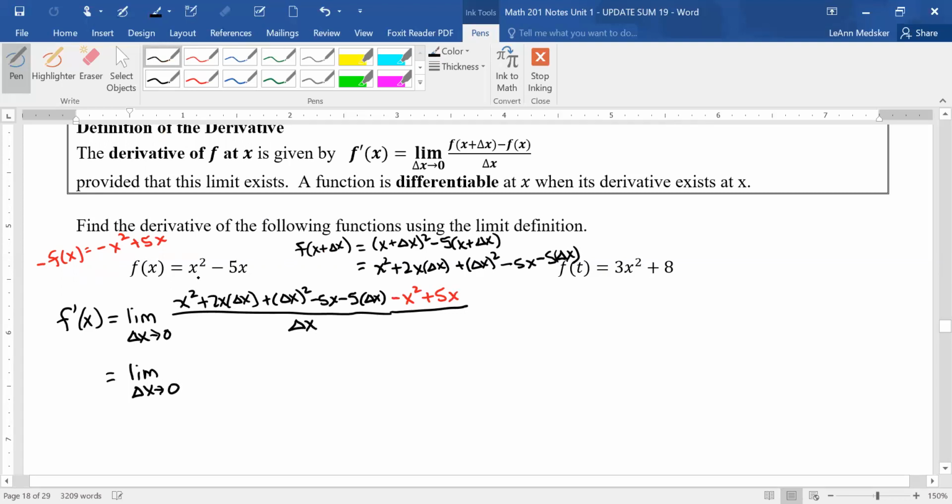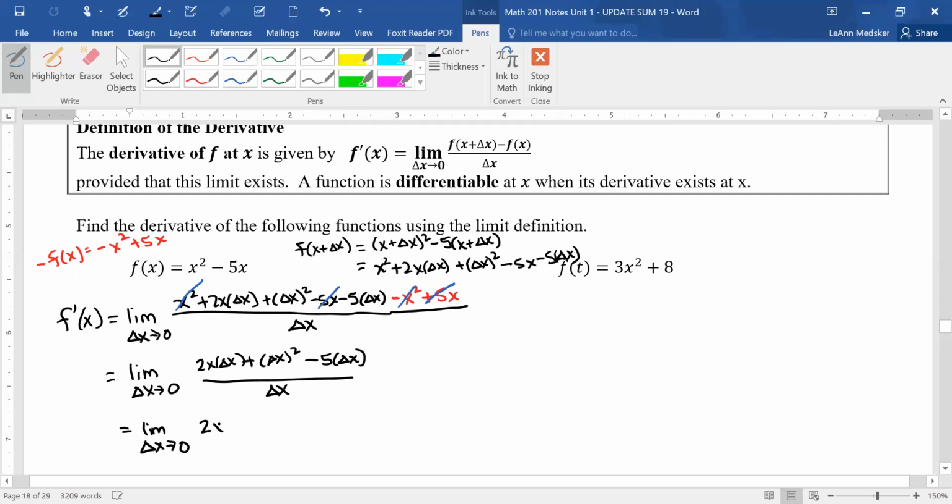So if you notice, the x squared on top is canceled out with the minus x squared, and the negative 5x and the positive 5x cancel out. So this becomes 2x delta x plus delta x squared minus 5 times delta x. Everything on top has a delta x, so we can cancel one delta x out of everything.